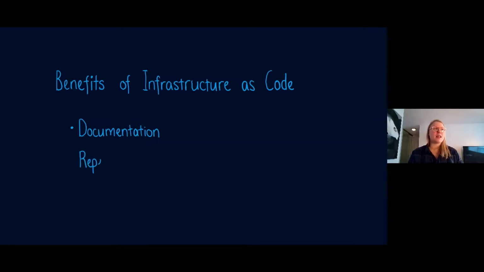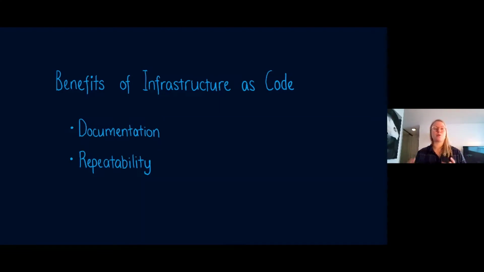The other benefit that is there is definitely repeatability, and I think this is a major one. So pretty much with infrastructure as code, it is easy to create identical environments just with specific settings changed in your scenario.